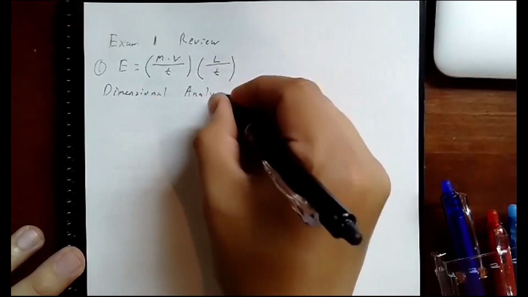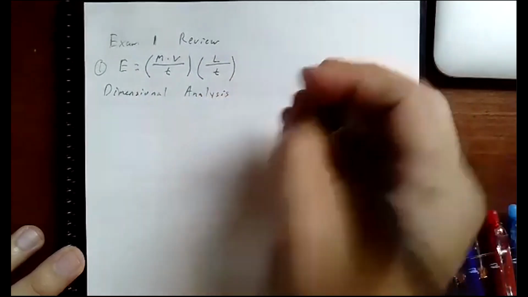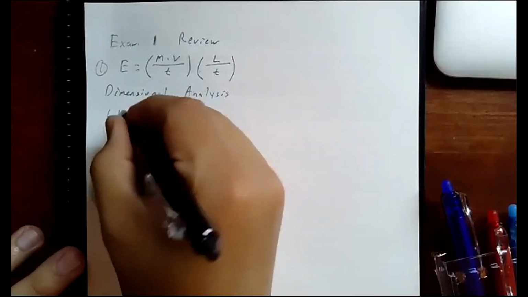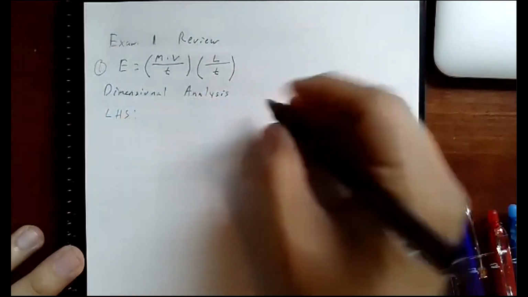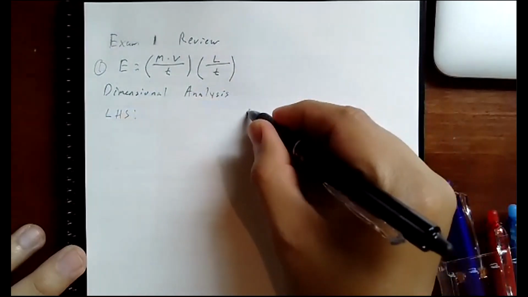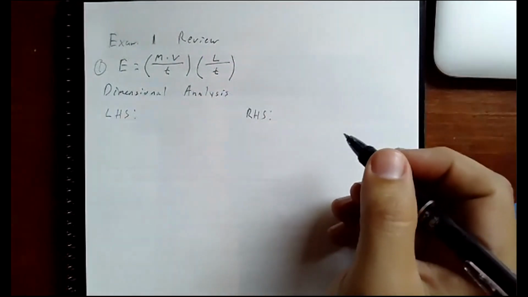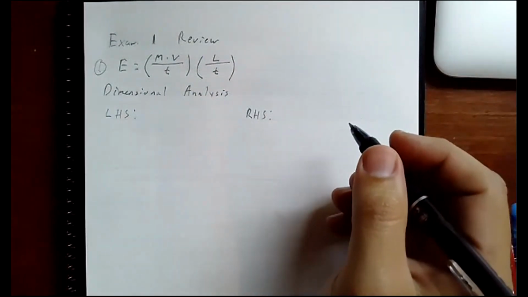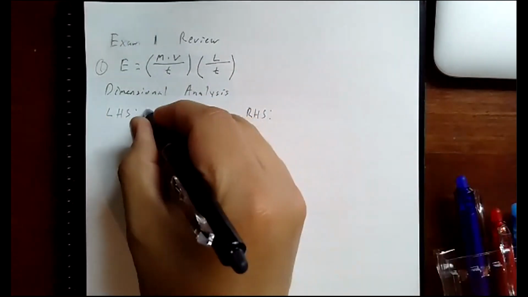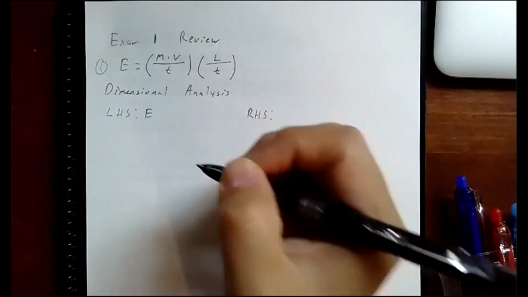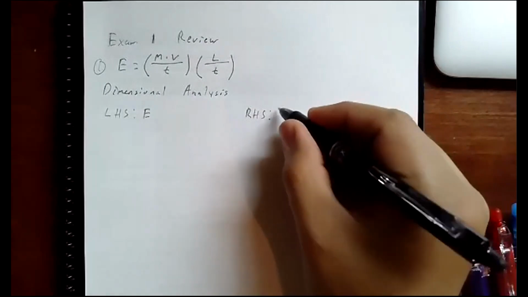So let's go ahead and do that. Left-hand side, and then we have the right-hand side. So in the homework, what I want you to do is just write down what is on the left-hand side. So literally, we have E, right? Then on the right-hand side, you have this equation stuff.